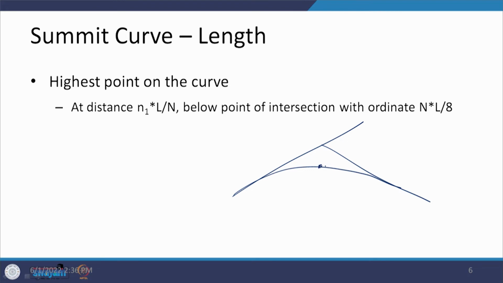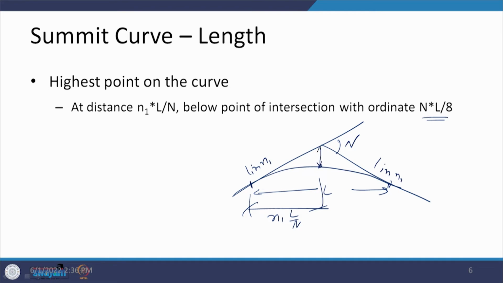When I am looking at this, this is 1 in n1 and this is 1 in n2, and we have this deviation as N, and the length of the curve from this point to this point is going to be L. When we have to find out where this particular point is going to fall, it is going to appear at a distance of n1 into L divided by N, and this point is going to be at a distance of NL divided by 8.